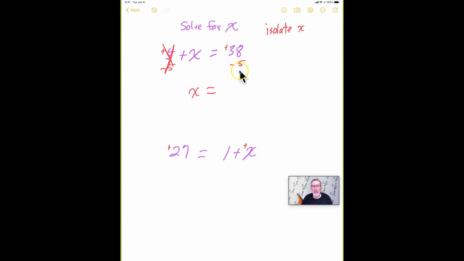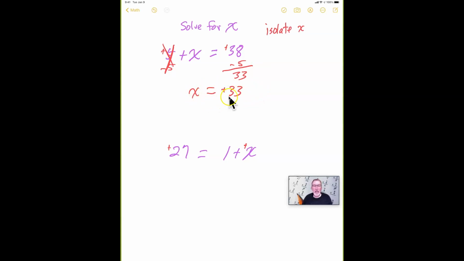This is an easy subtraction problem, but you can also look at it as combining two numbers with different signs, so we take the difference, which would be 33, and then we retain the sign of the number that has the larger absolute value, which is 38, so a plus. So x is equal to 33, positive 33, or just 33. You don't have to write the positive sign.